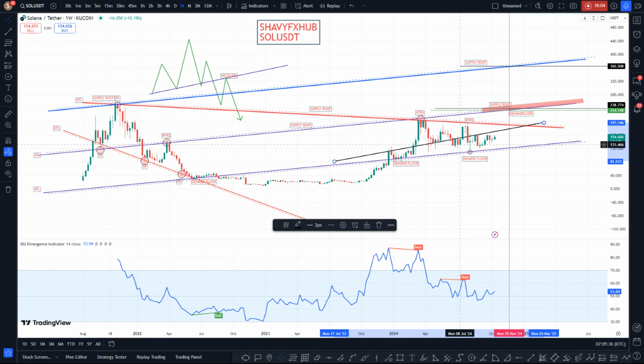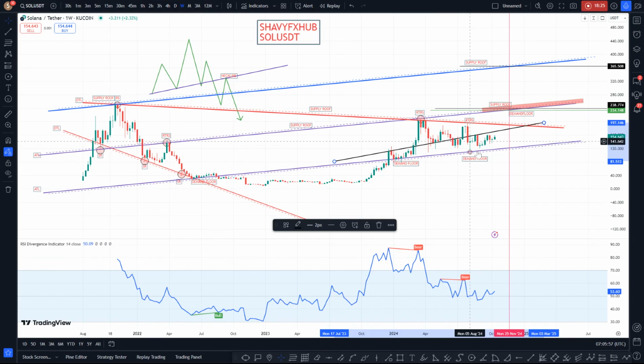It broke the support structure because price tapped into a supply roof where we have our bearish order. So at this level, the support level could not hold because we are on the impulse leg. When price is on an impulse leg, your support and your resistance do not mean anything. It's going to break it.